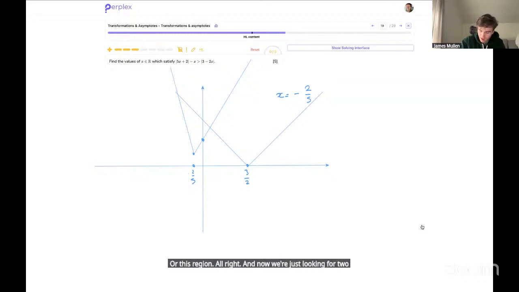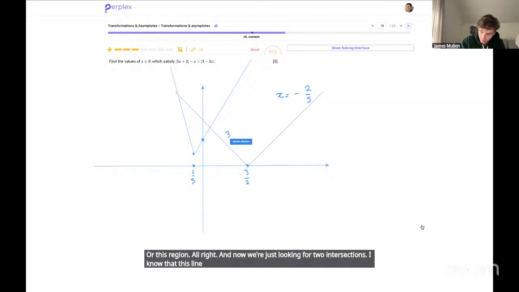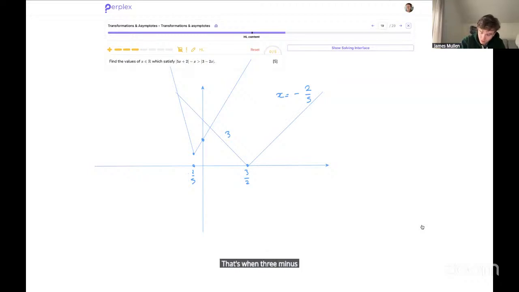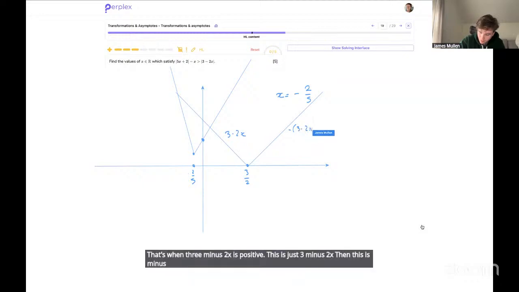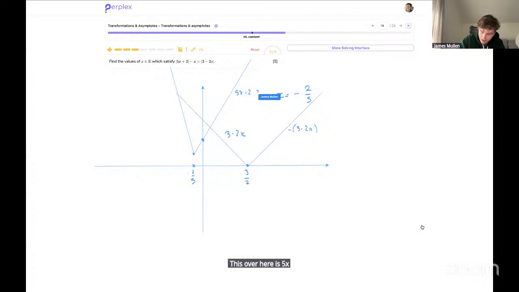I know that this line is when the absolute value is negative. So it's negative of 3 minus, no, what am I saying? That's when 3 minus 2x is positive. This is just 3 minus 2x. Then this is minus 3 minus 2x. This over here is 5x plus 2 minus x.